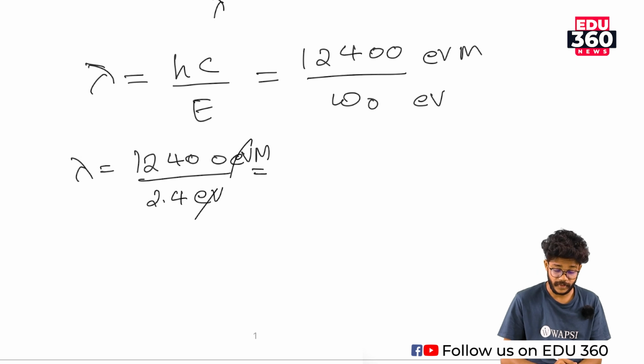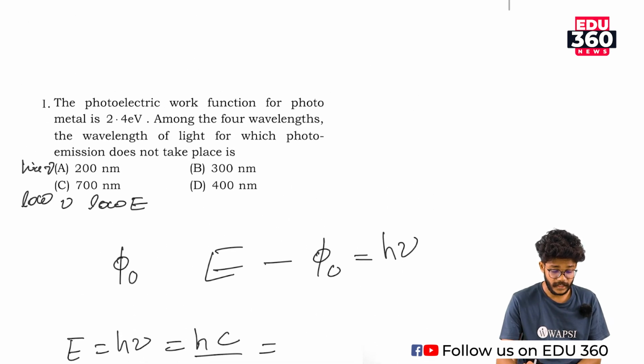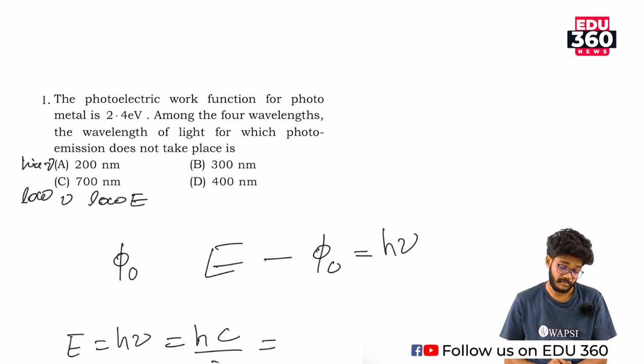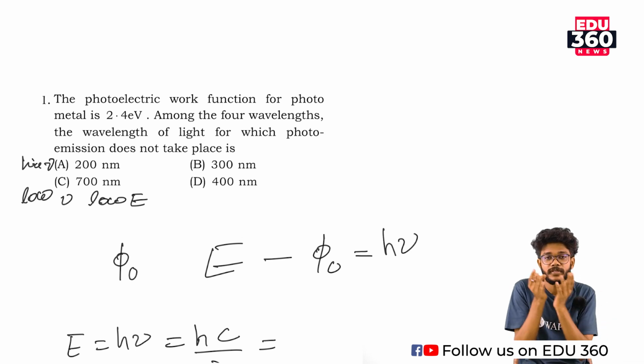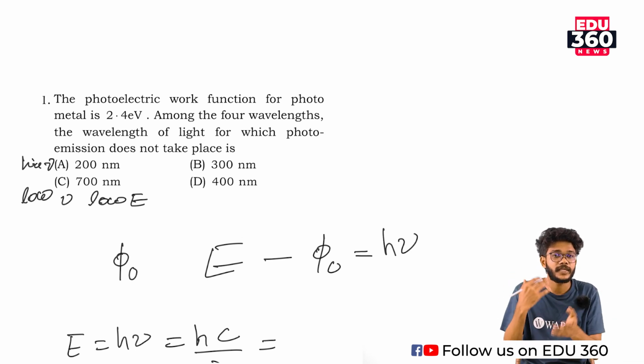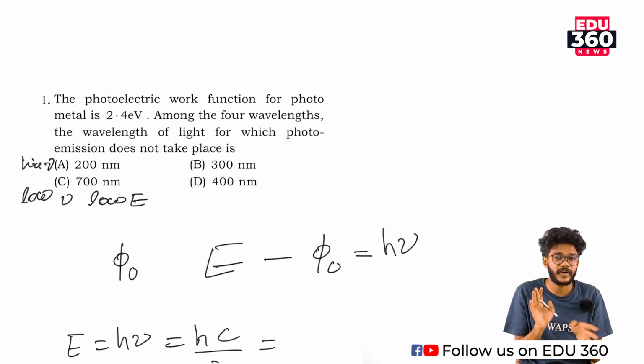The answer is approximately 500 something. It will be 124 divided by 2.4, which is 51 something, and into 100 it gives approximately 500 something. But our wavelength is 700 nanometer, so with that no ejection of electron takes place, because the minimum energy corresponds to a wavelength of 500 something.